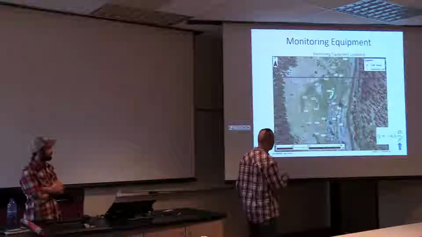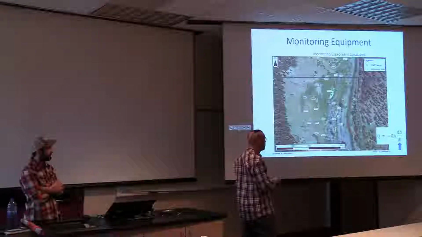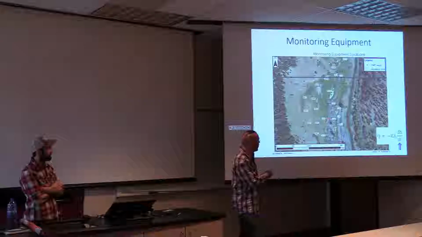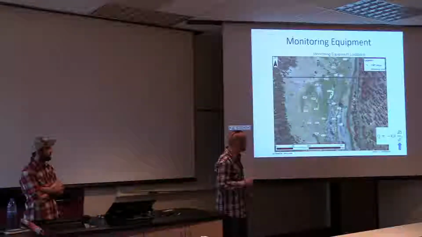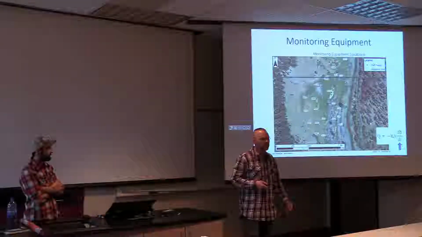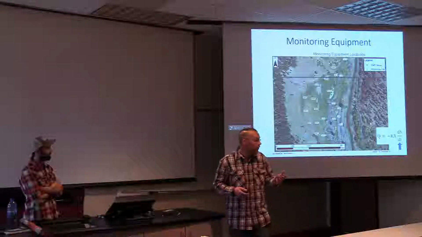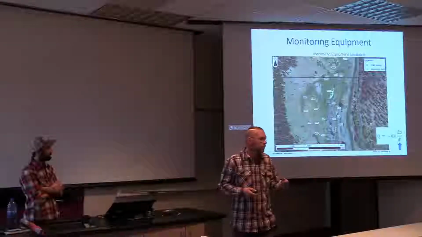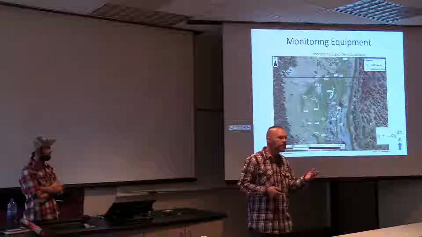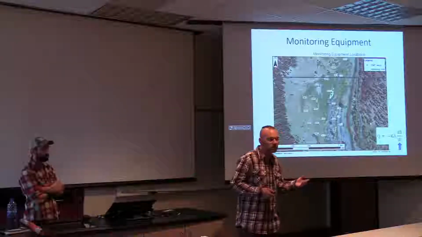The yellow dots here that say MW are monitoring wells, and the red dots here that say SG are staff gauges. In the tailings there's a bunch of pools, and we wanted to watch their response and see how well connected they are, if they represent groundwater levels.